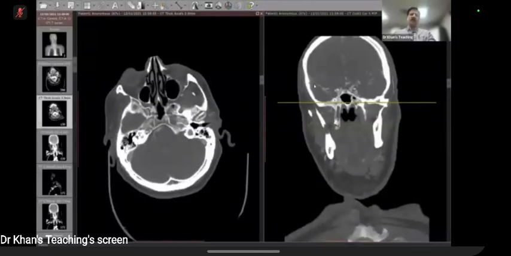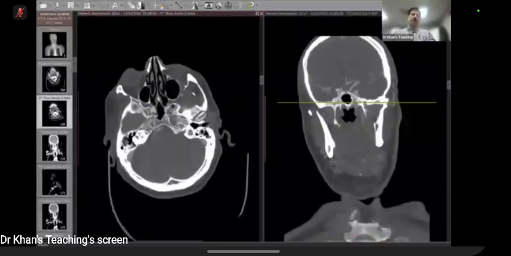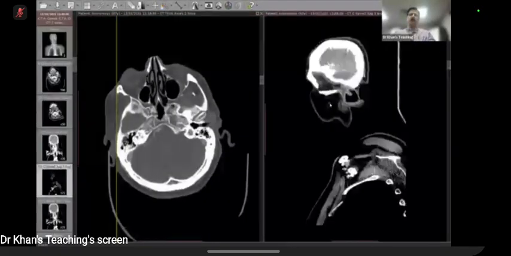Now, let me put in a sagittal there instead of a coronal.